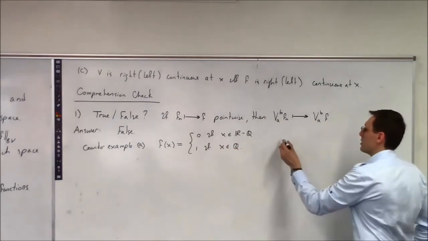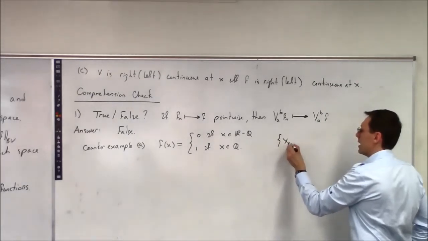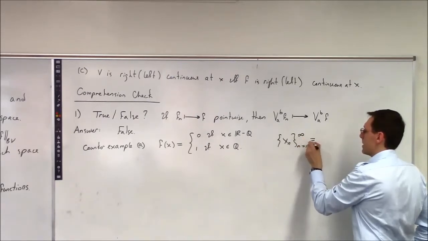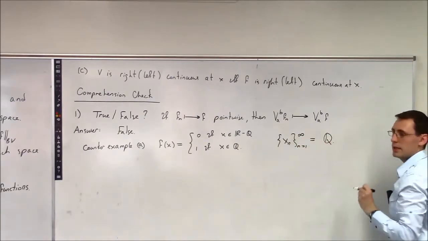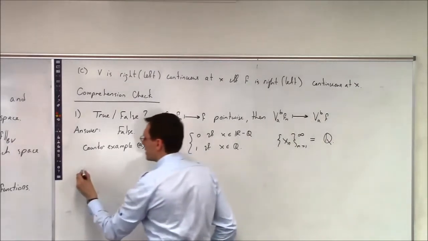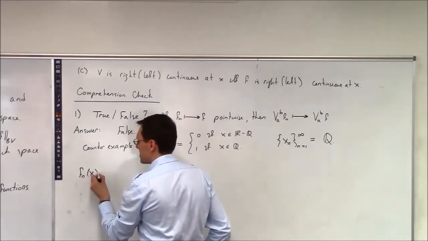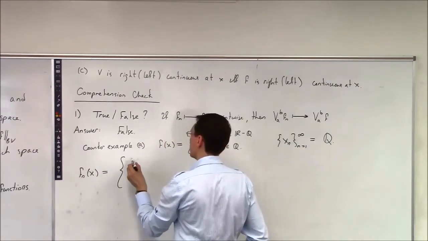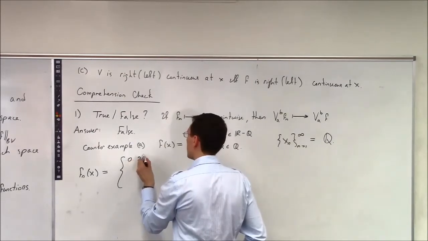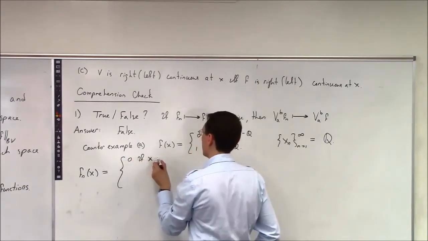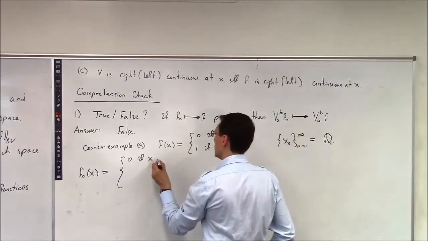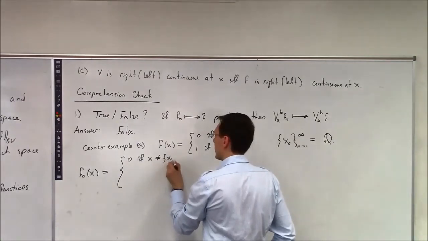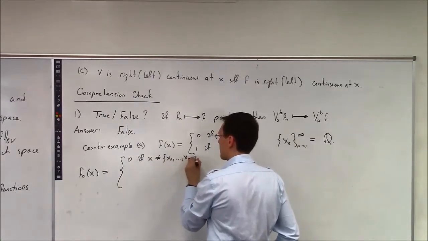And then what we do is we enumerate by xn. That's just an enumeration of Q. Okay? And then what we are going to define is fn of x to be 0 if x is not x1 through xn.